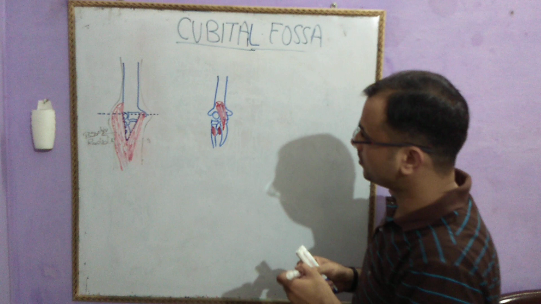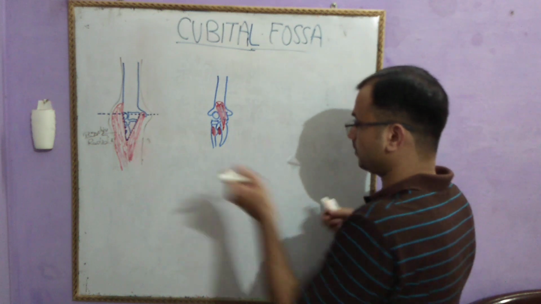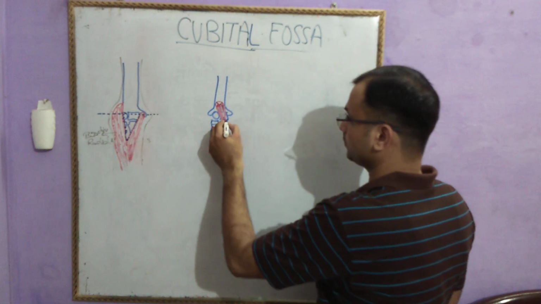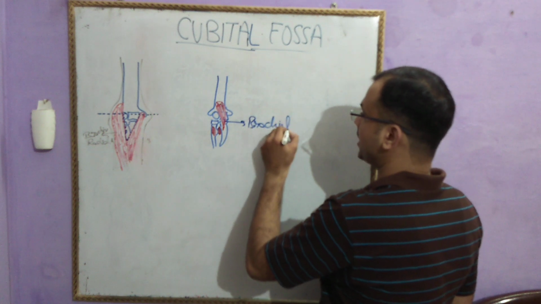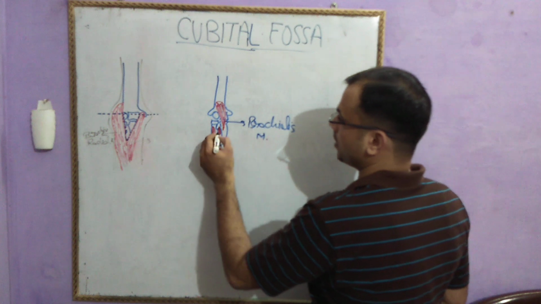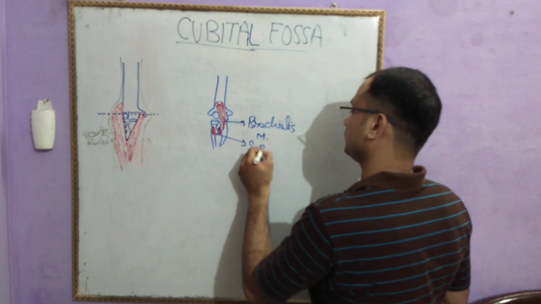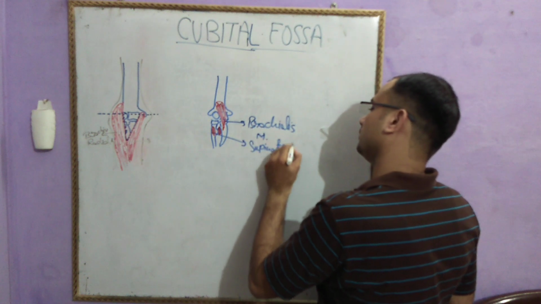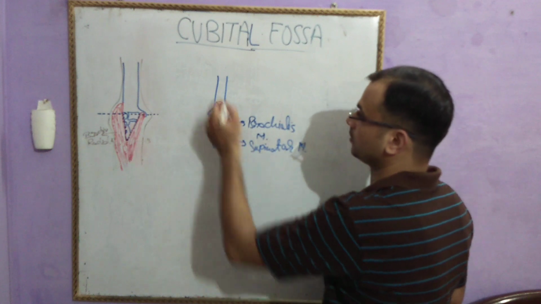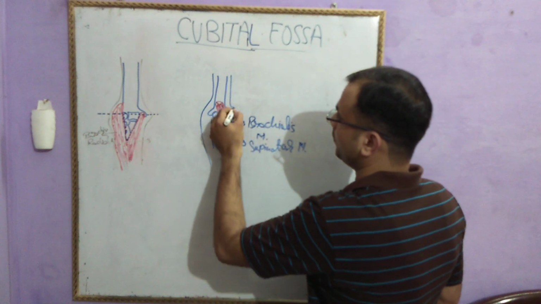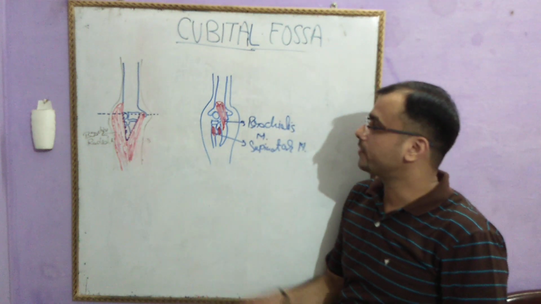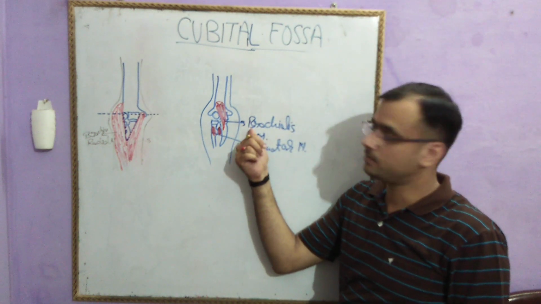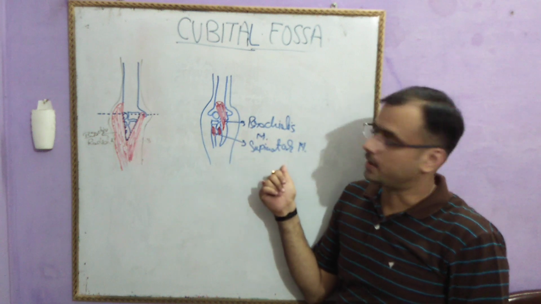This is the brachialis muscle, and this is the supinator. So the floor of the cubital fossa is formed by the brachialis muscle and supinator muscle.